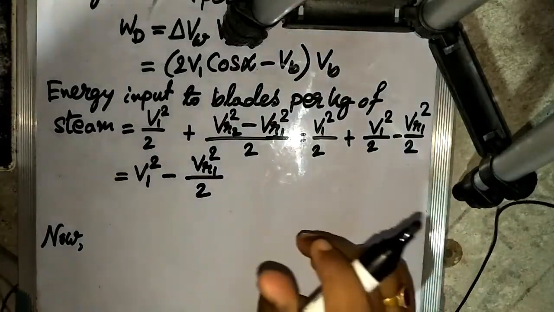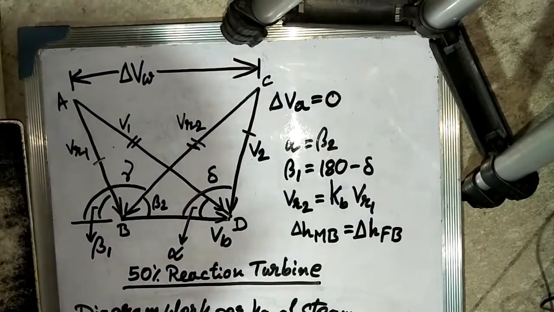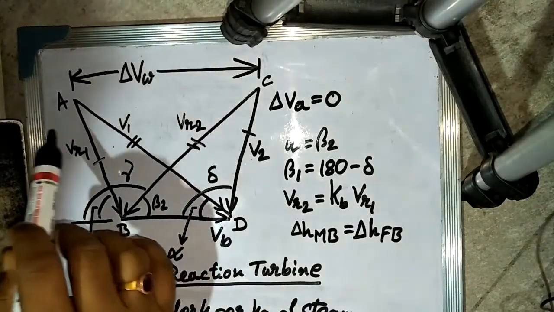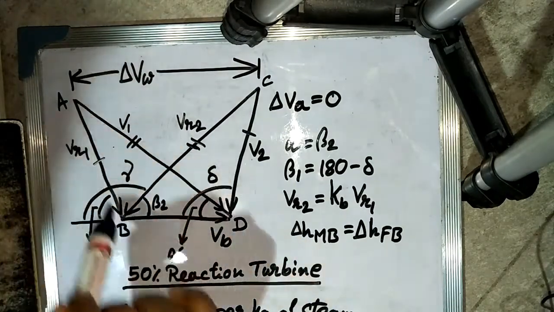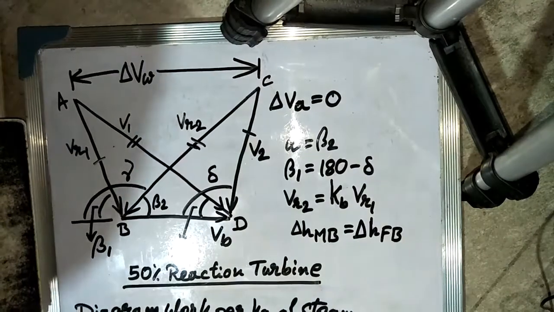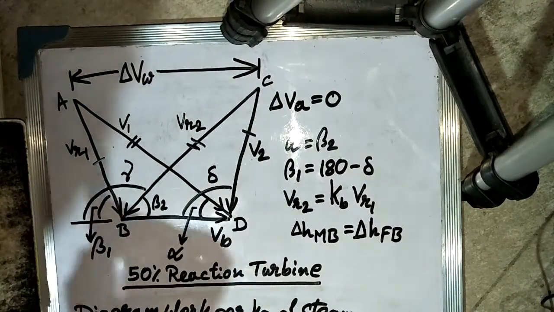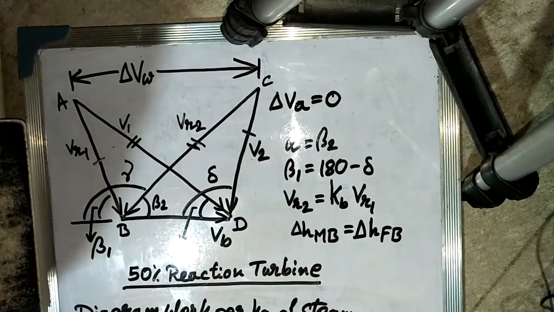Now from the geometry, from the inlet velocity triangle, that is A, B and D, we have three velocities, that is V1, VB and VR1.